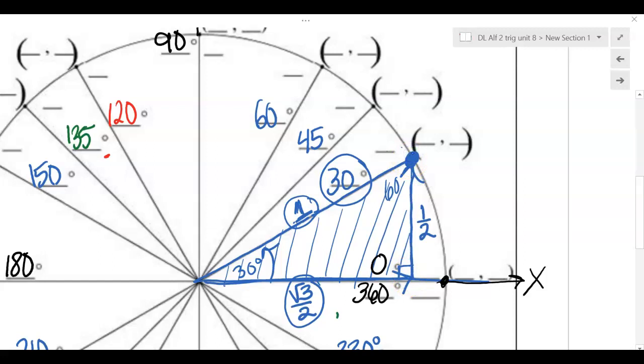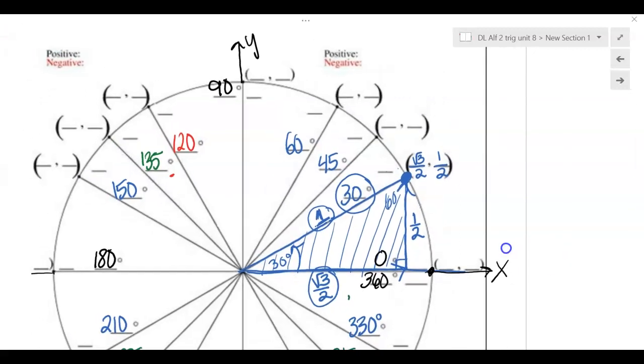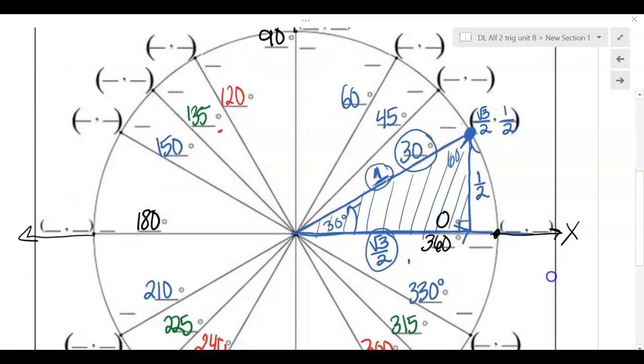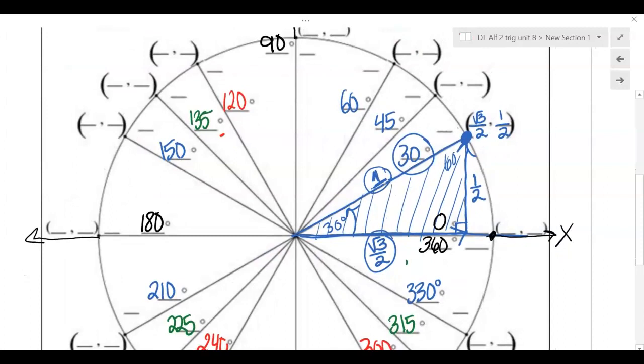So this point might be marking 30 degrees on the unit circle. However, it's also marking rad 3 over 2, comma, 1/2, those ordered pairs. Okay? So that idea can then help us figure out other ideas as well.